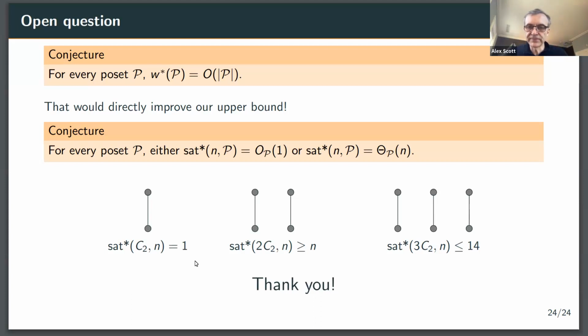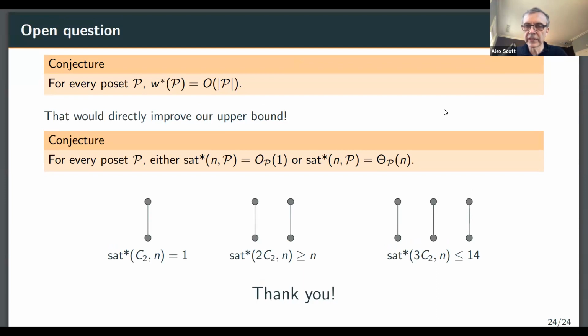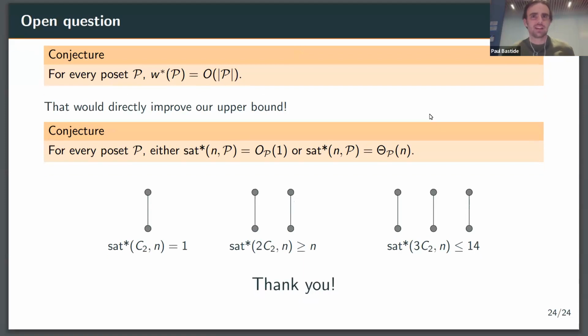Lovely talk. So please do feel free to unmute yourself and ask questions, or ask questions in the chat. Actually, I have a couple of questions. So one is, is there any conjecture for which posets have constant saturation number? That's a good question.